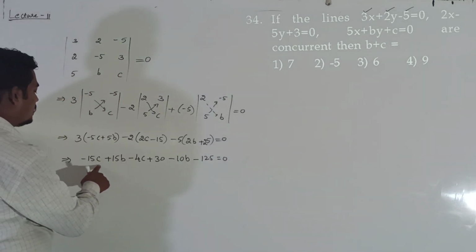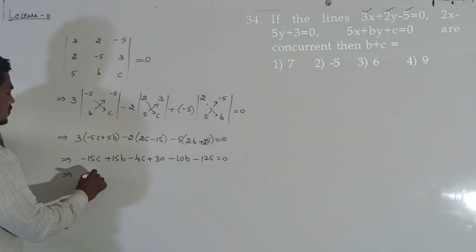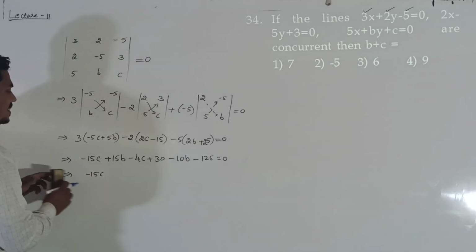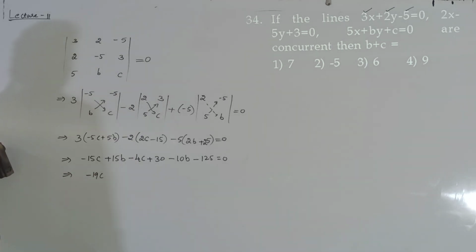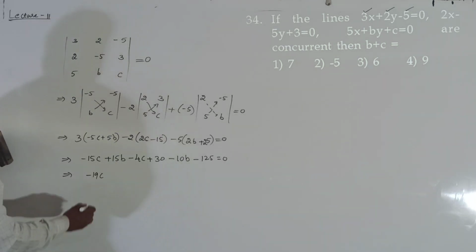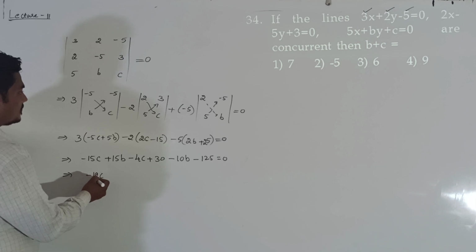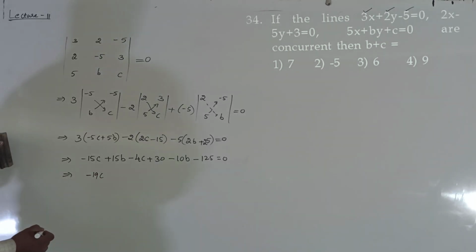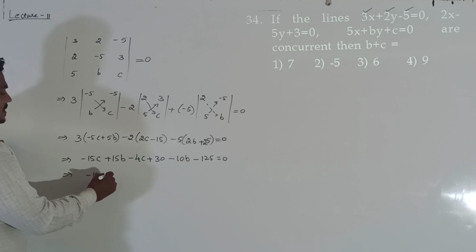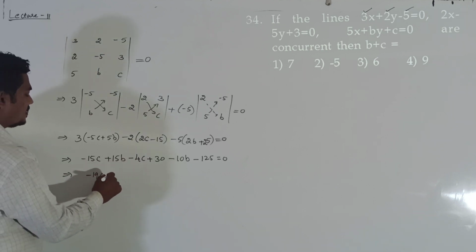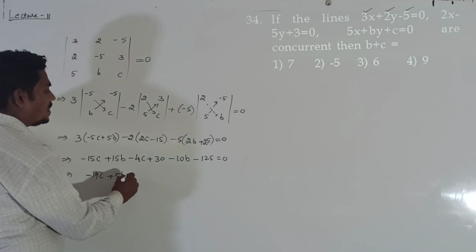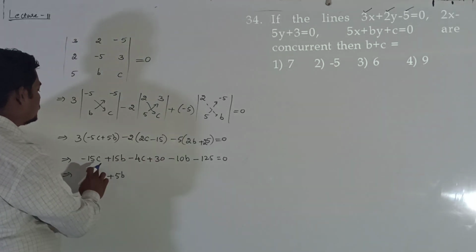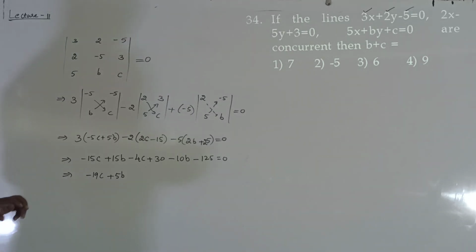Minus 19c, plus 5b. Something went wrong here, right?